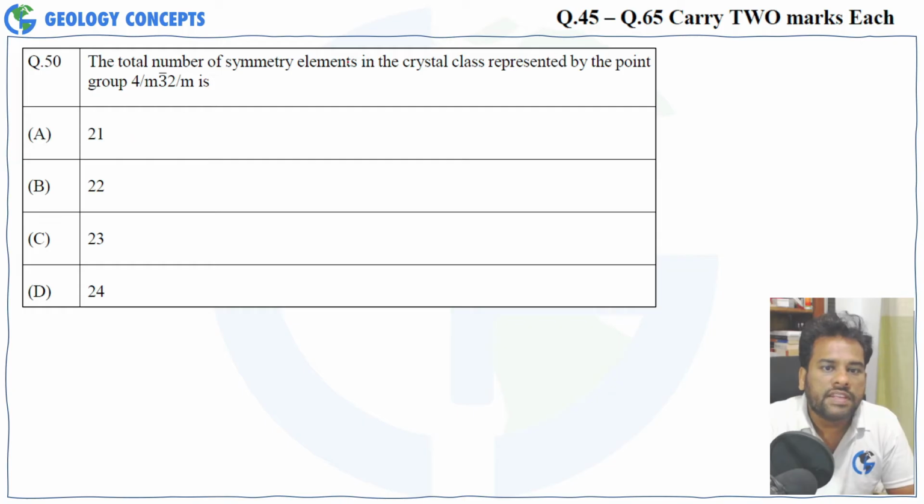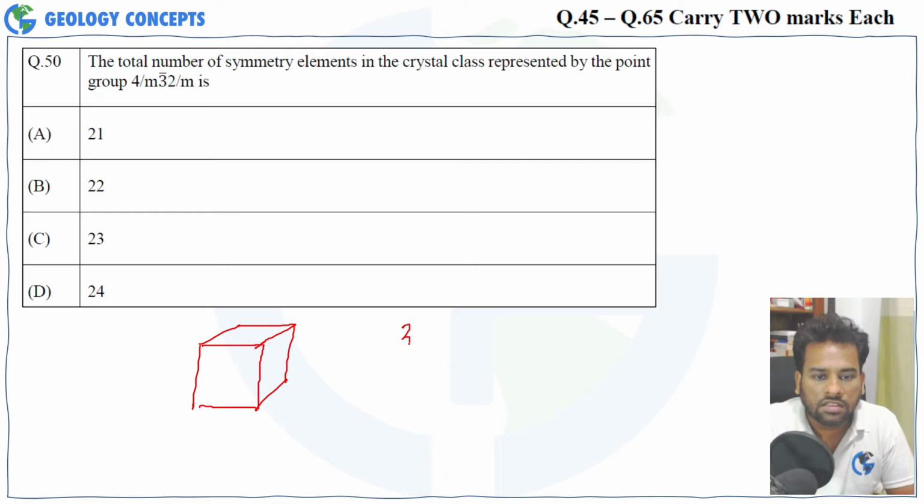The total number of symmetry elements in the crystal class is represented by the point. This is the normal class or holoidal class of the isometric system, just like all the symmetry present in a cube. If we see a cube, there are 3 A4, 6 A2 axes, 4 A3 axes, 9 mirror planes, and 1 center of symmetry.